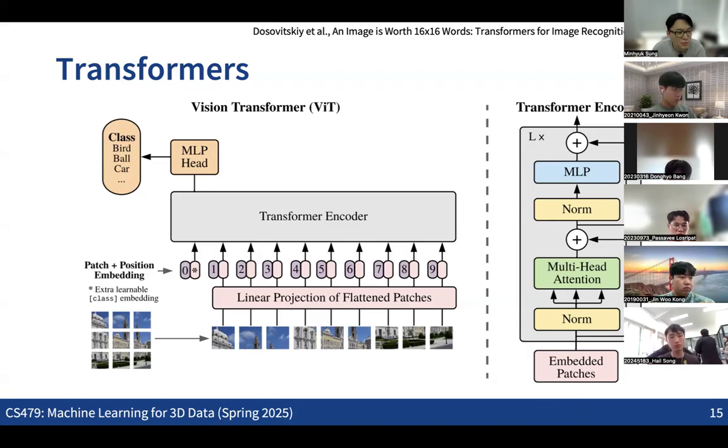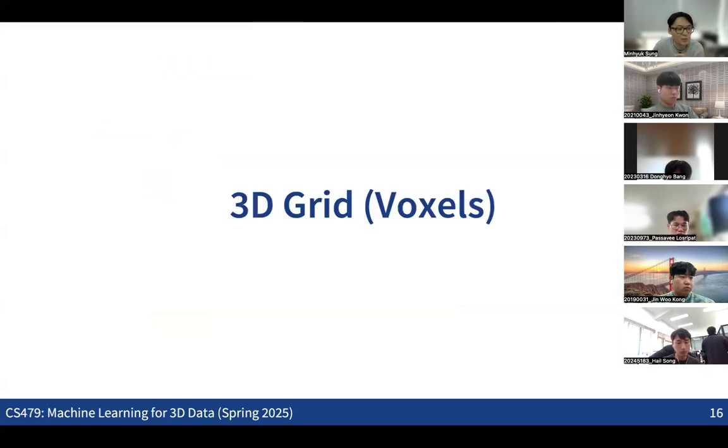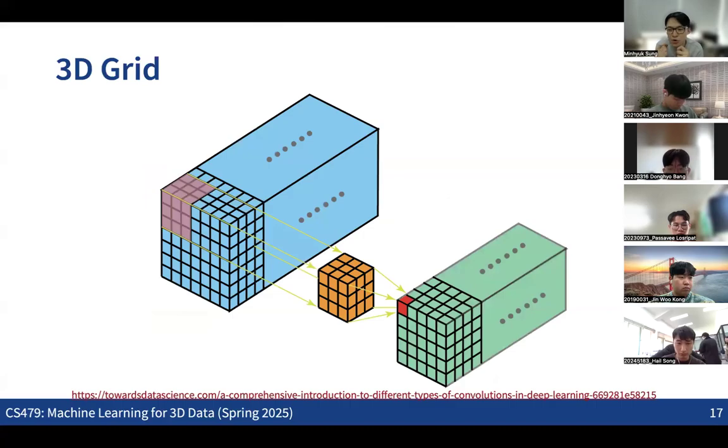Obviously, the straightforward way is to extend this into a 3D grid for 3D data, right? As we have a 2D grid for images, with the picture element being an element in the matrix, we can also consider a volume element, which means we have a 3D grid of voxels.